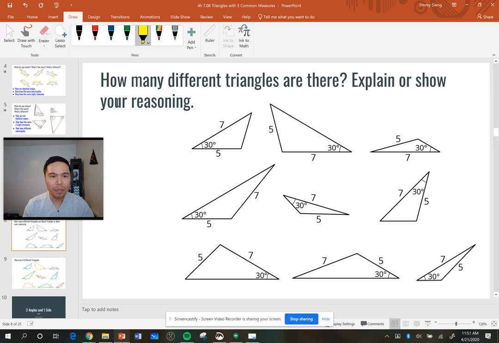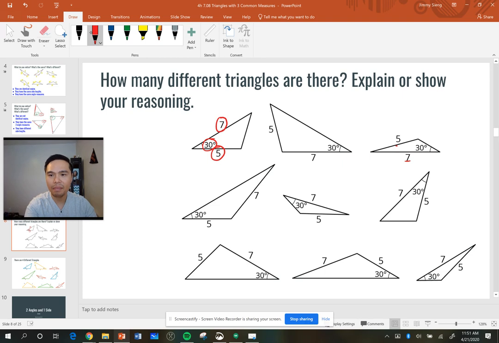So one example is, if I look at this first triangle over here, right? I see that it's 7 and 5. In between the 7 and 5, there's a 30 degrees, okay? So I want to see if there's something similar to that with each one of these. The second one is 5 there. Doesn't look like there's a 30 in between.